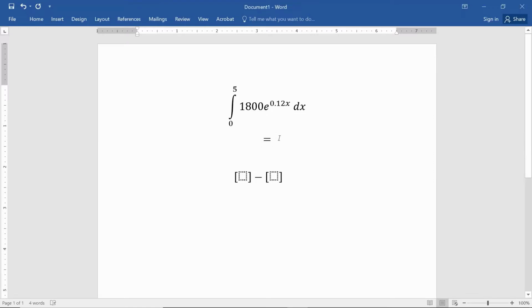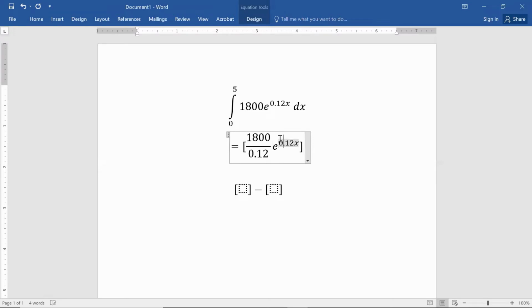If you recall, I'm going to take e to that same power, and then instead of having a coefficient of 1,800, my coefficient is going to be 1,800 divided by 0.12.